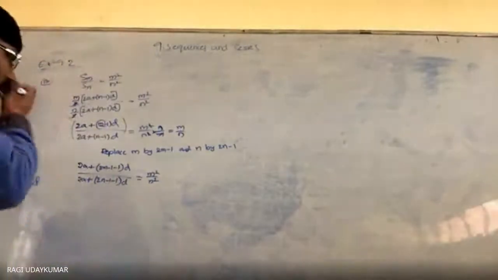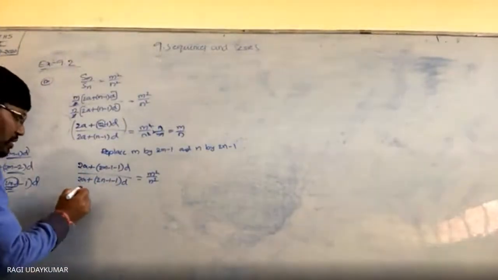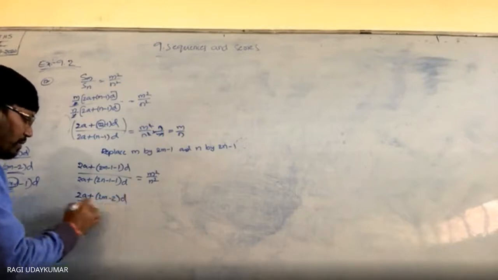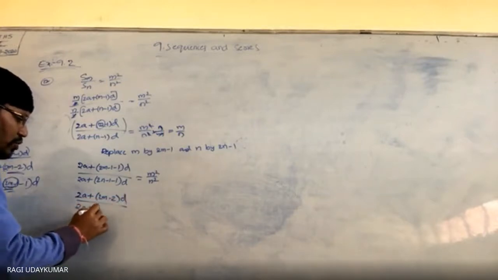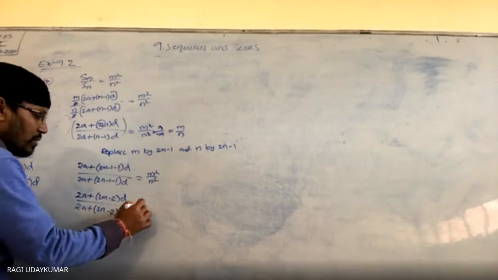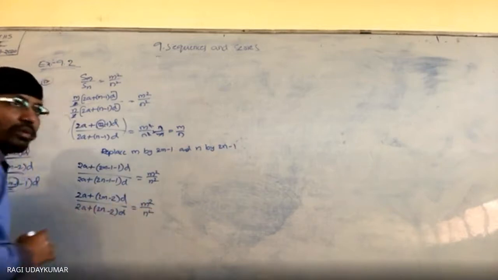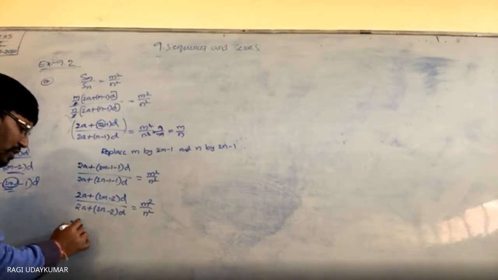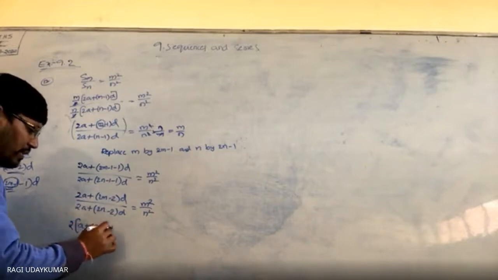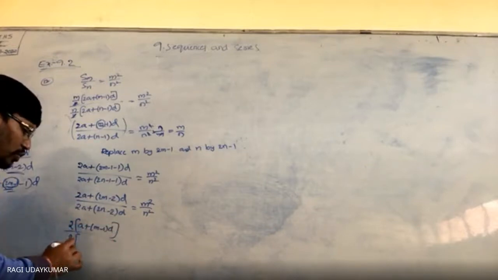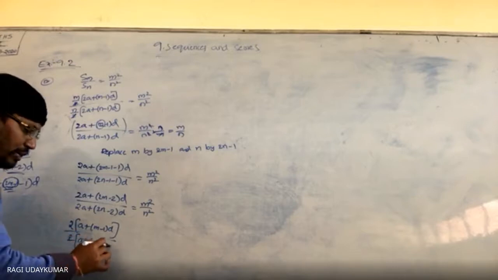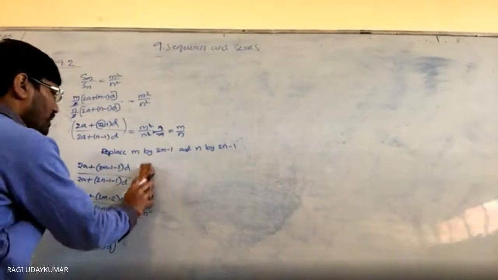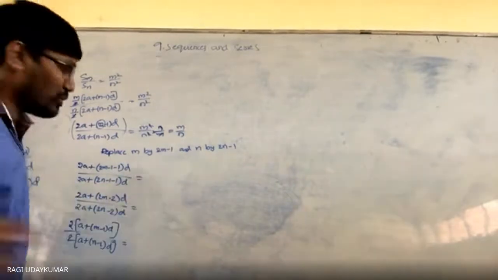Okay, so here we just have to replace. So what do you get here? 2a plus 2m minus 2 into d by 2a plus 2n minus 2 into d is equal to m square by n square. So take 2 common. If we take 2 common, a plus m minus 1 into d by a plus n minus 1 into d is, sorry, here also you have to replace. When you replace, you are not supposed to replace only one side.